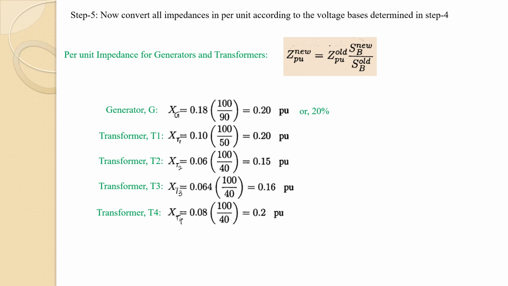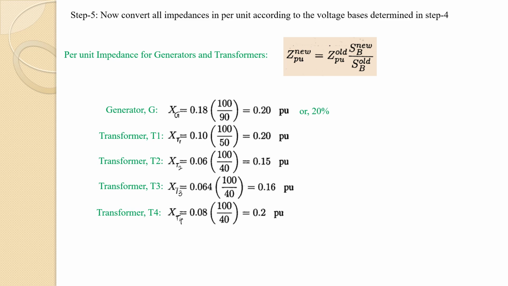For generator G, the manufacturer data sheet is specifying the reactance X as 18% and the rating as 90 MVA. So utilizing this formula, we can calculate the impedance in per unit new for the generator, where Z per unit old is equal to 18%.